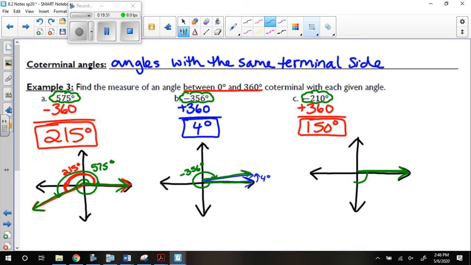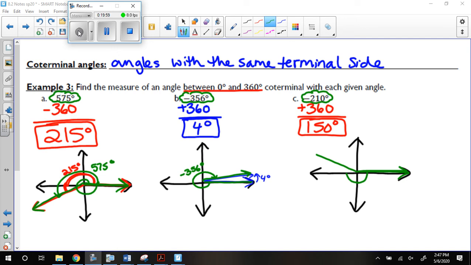If I go to the negative x-axis, that's negative 180 degrees. And negative 210 degrees is 30 more degrees than that negative 180. So I need to go 30 degrees, which is a third of the way into this quadrant.